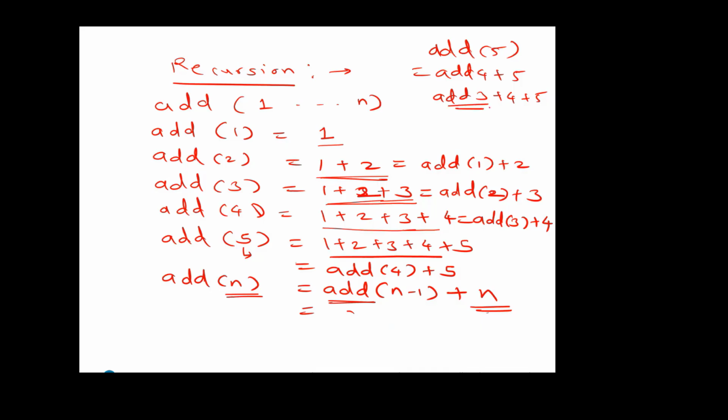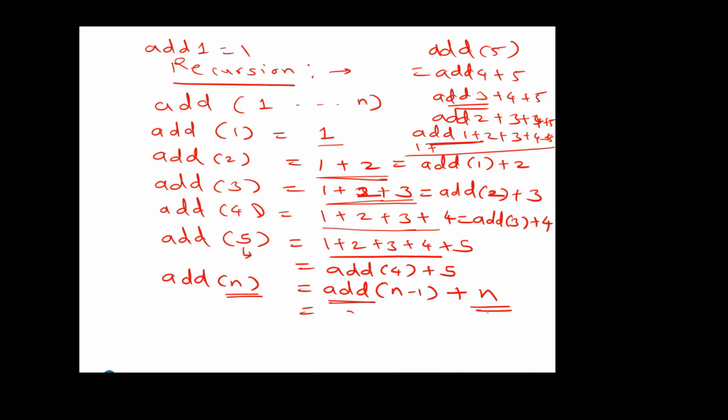And I'm going to stop when I get to the smallest case, which is the base case. So here I can say add of 2 plus 3 plus 4 plus 5. That is nothing but add of 1 plus 2 plus 3 plus 4 plus 5. Now I should have the value of add of 1 already given to me. So when I substitute that value 1 here, I get the value of total addition of 5 numbers.